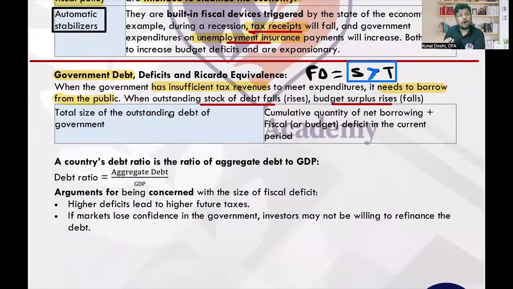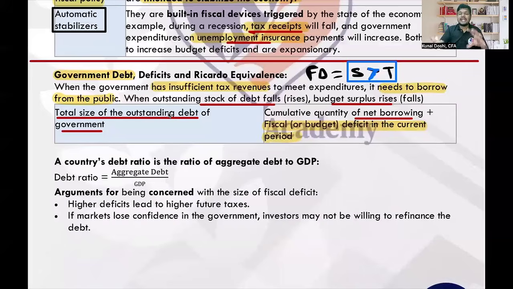We will see, but that all depends on how much my debt is. The total size of your debt, meaning the government debt, is basically the cumulative net borrowing. When I say cumulative net borrowing, net borrowing means any repayment excluded, plus any fiscal deficit in the current period.